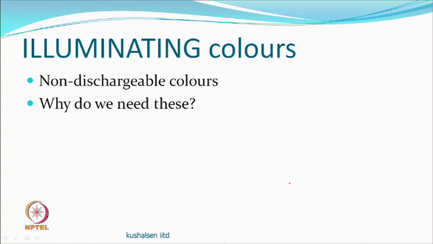Within this printing, one set of colors is called illuminating colors. Illuminating colors are for the discharge style of printing. So, you have a background where the fabric has been dyed with some dye and we want to discharge that dye.